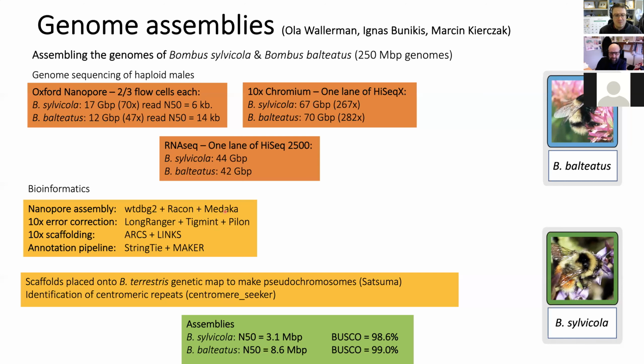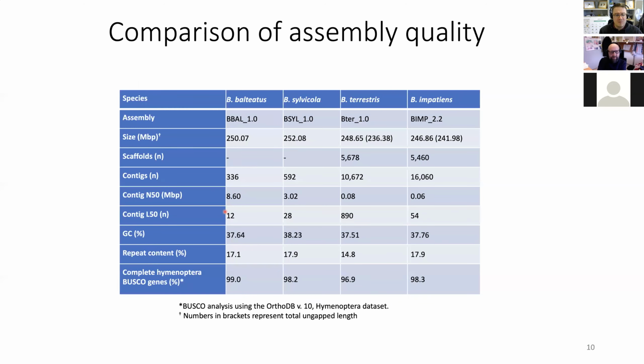And just as a comparison, if you compare this with the assemblies of some previously generated species using shorter read technologies, you can see that the contig N50 is about 100 times higher in these long read assemblies compared with the more older fashioned methods. So we think these are a pretty good resource going forward.